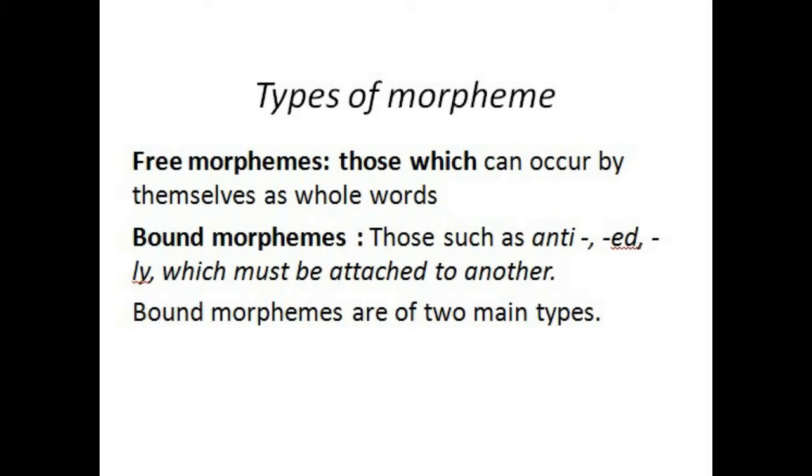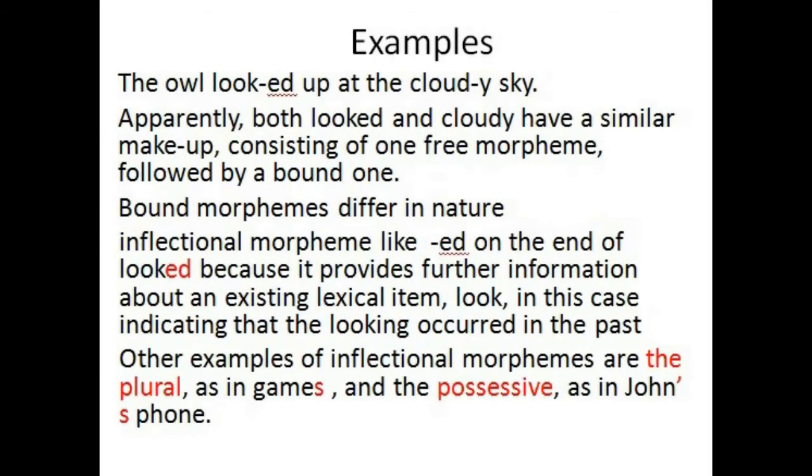And the bound ones, such as anti, -ed, or -ly, must be attached to another word. That's why we have free morphemes and bound morphemes. Bear in mind that bound morphemes are of two main types. Basically, we have inflectional morphemes and derivational morphemes.